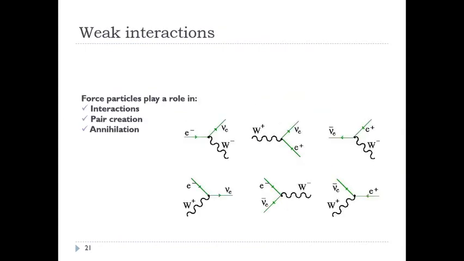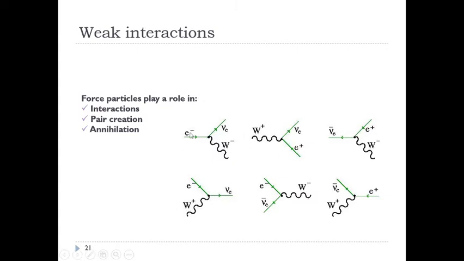These are some examples of weak interactions, pair creation, annihilation. These are Feynman diagrams named after the very famous physicist Richard Feynman. He came up with showing particle processes in this manner.